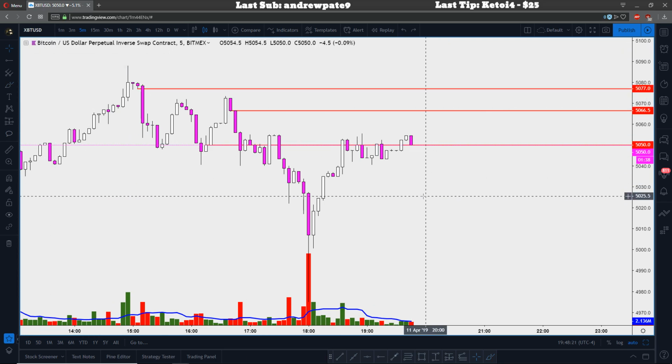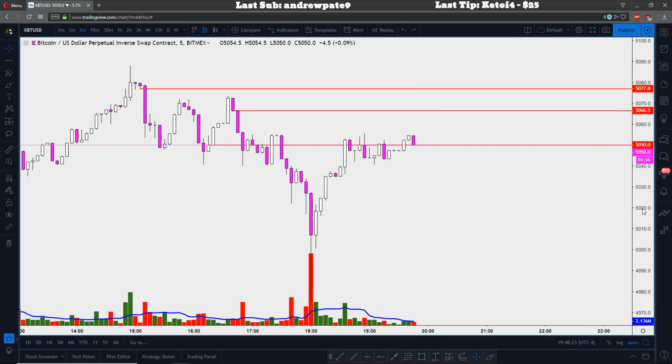So we'll watch this live. We'll see what it does. I still have about 12 minutes, so we'll see. Do you guys have any questions about using these levels for pullbacks, using these levels for first test, using these levels for support and resistance, how to find these levels?